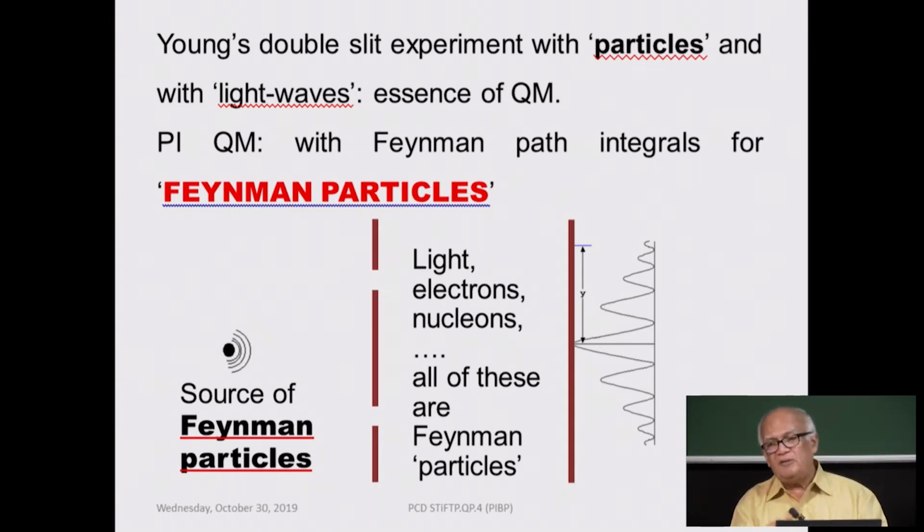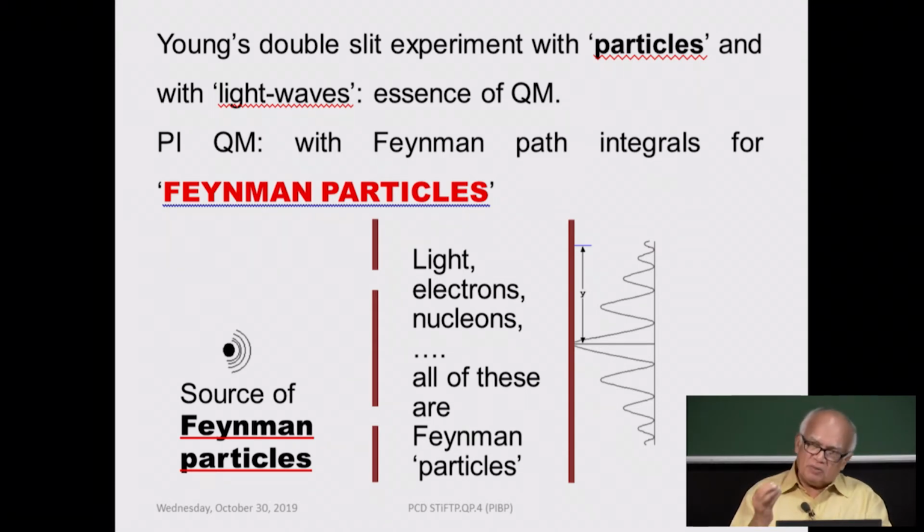We know we get it from light waves from Young's analysis, which sort of established that light is a wave, right. And then we can do it with particles, and then we can do it with light as particles described by waves, okay, and exploit the wave particle duality.